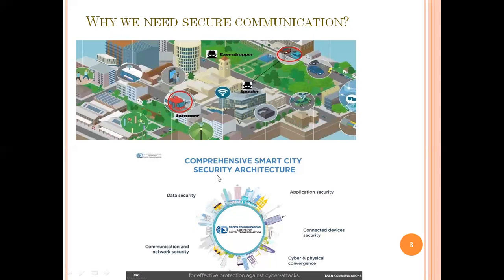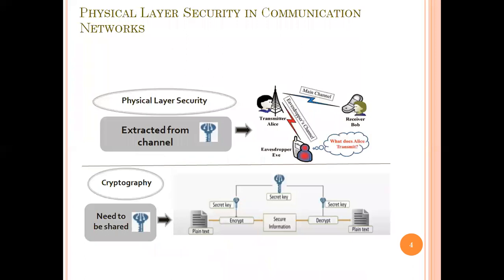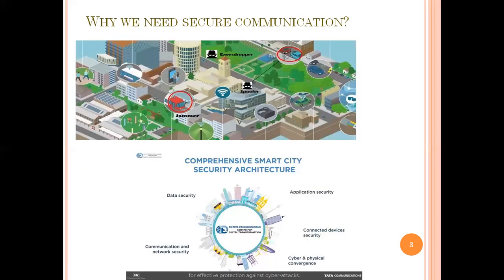To achieve this perfect security structure, we need to have a very robust communication security scheme that has the capability to work in synchronization with the latest growing low complexity devices.